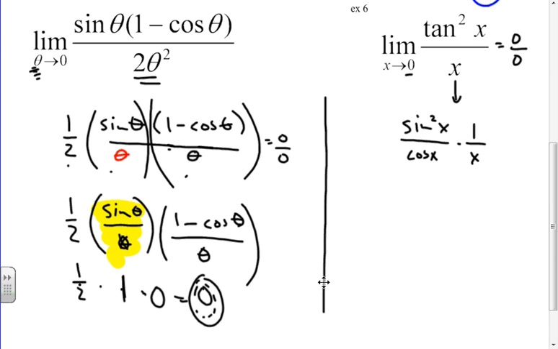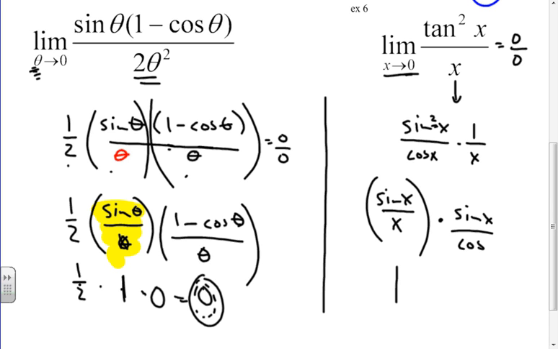In this case, I can take one of these sines, since it's sine squared, and I do have over x, so I'm going to separate that out, because I know that limit as x approaches 0 equals 1. What I have left over is sine of x over cosine of x, which is just tangent. As x goes to 0, this is a continuous function, so this is going to equal 0, because tangent of 0 is 0. Well, 1 times 0 is 0, and that is our answer.